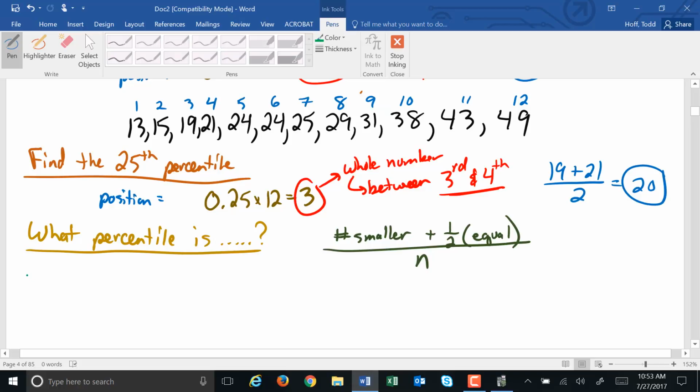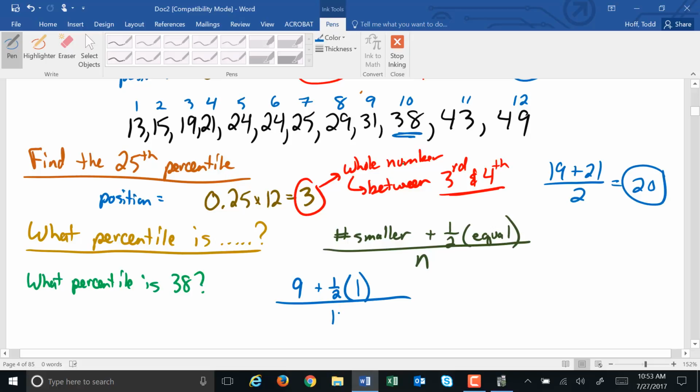So what percentile is 38? So for 38, how many are smaller than the 38? 9. How many are equal to the 38? 1. How many total are there? 12.